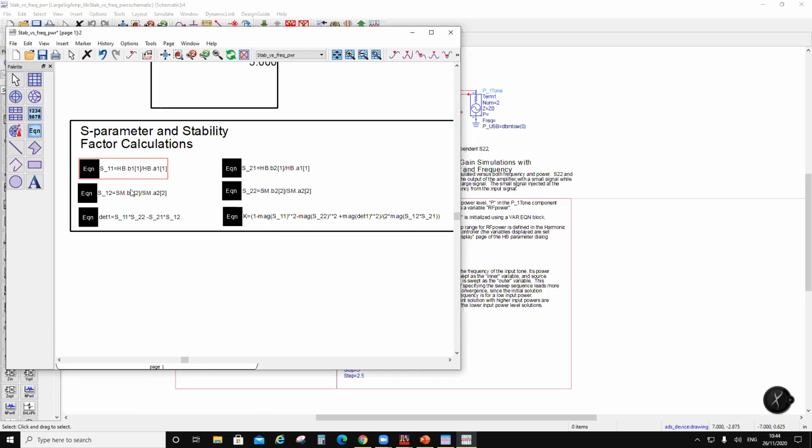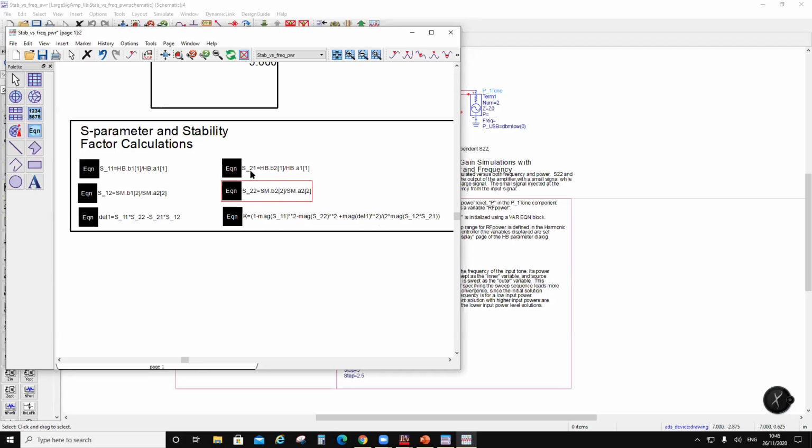This is HB, while this is SM. SM means a small signal. So the output is small signal, the input is large signal, and then S11 is going to be a large signal reflection coefficient kind of stuff. S22 will be a small signal reflection coefficient.